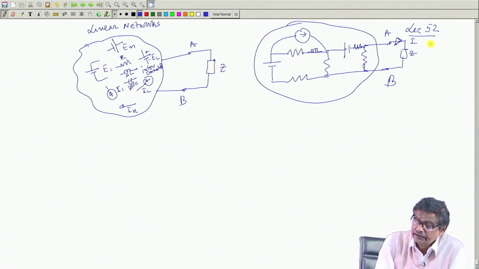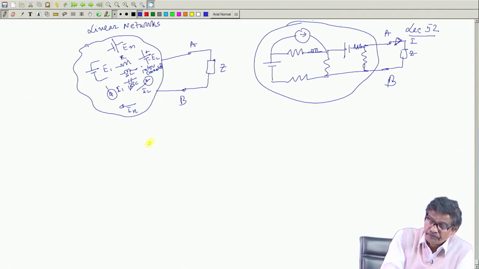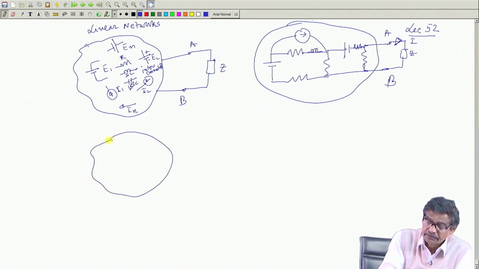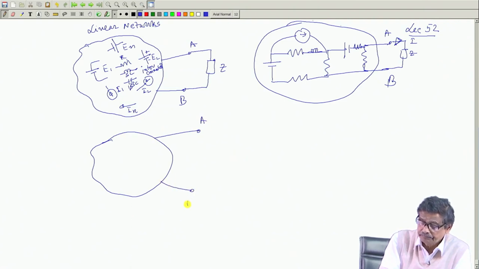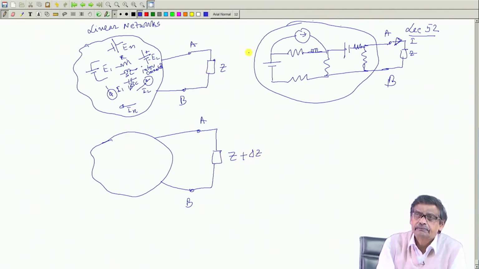Now, listen carefully. Suppose in the same network I have changed this impedance to Z plus some delta Z. I have varied this impedance.